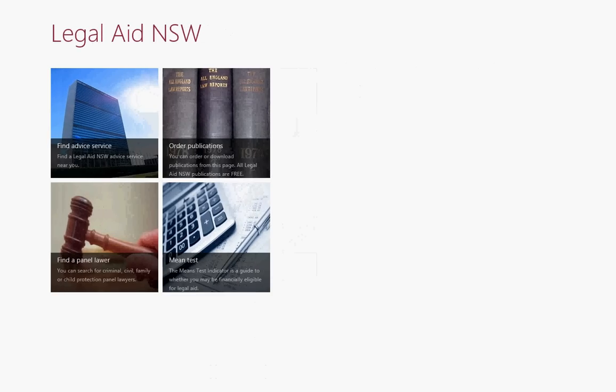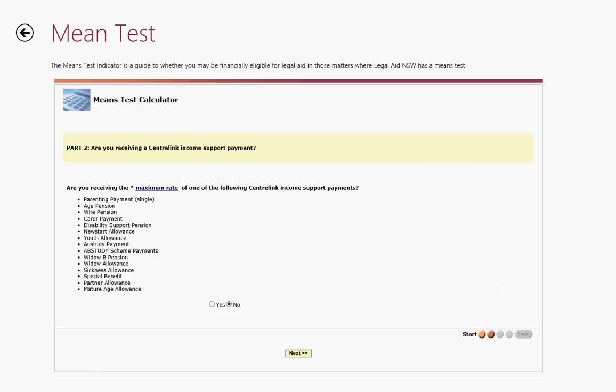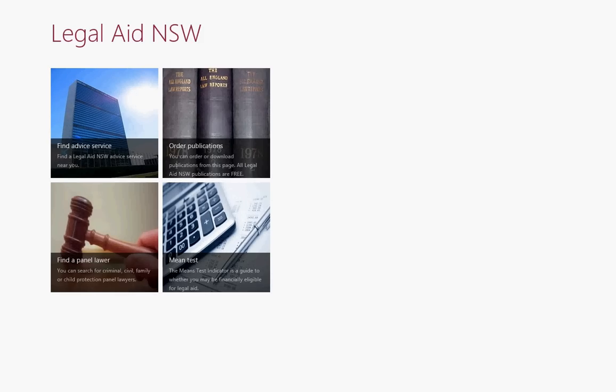Going back to the last one, I have the means test. The means test indicator is a guide to whether you may be financially eligible for legal aid in those matters where Legal Aid New South Wales has a means test. You can just submit the form. Nothing in these, they are just iframes.